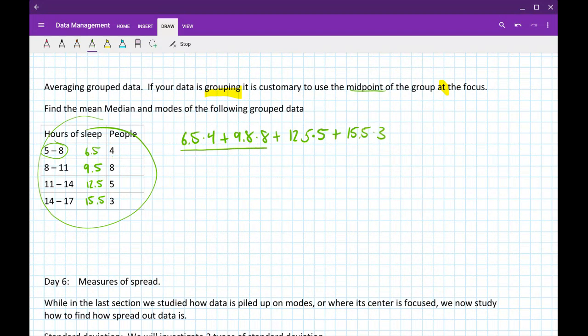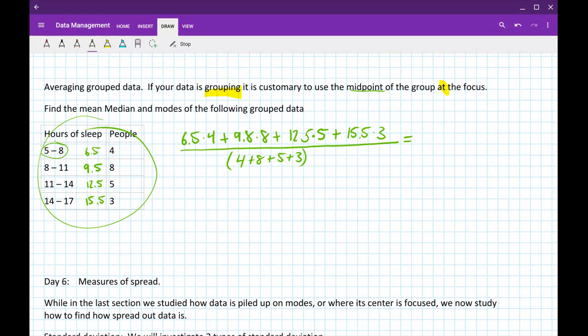And this whole thing is divided by the total number of people, or 4 plus 8 plus 5 plus 3. And that's basically my average hours of sleep that I'm going to get there.